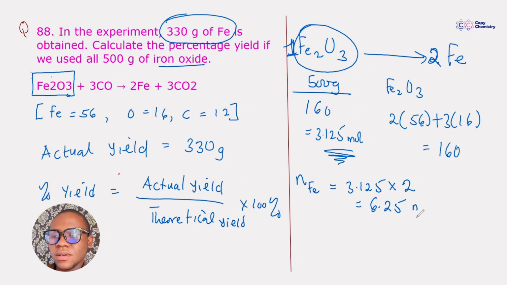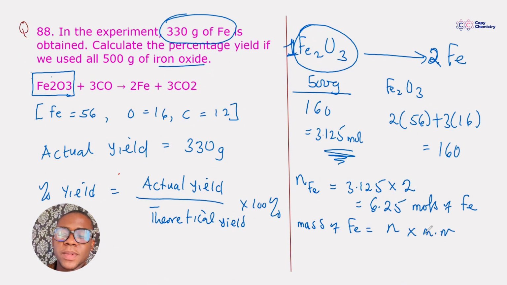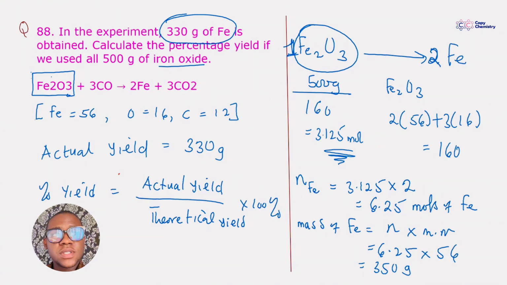That is the moles of iron. So can we use this moles of iron to then figure out the mass of iron? Yes. The mass of iron is the number of moles of iron multiplied by the molar mass of iron. So that would be 6.25 multiplied by the molar mass of iron, which is 56. When you do that, you obtain 350 grams.